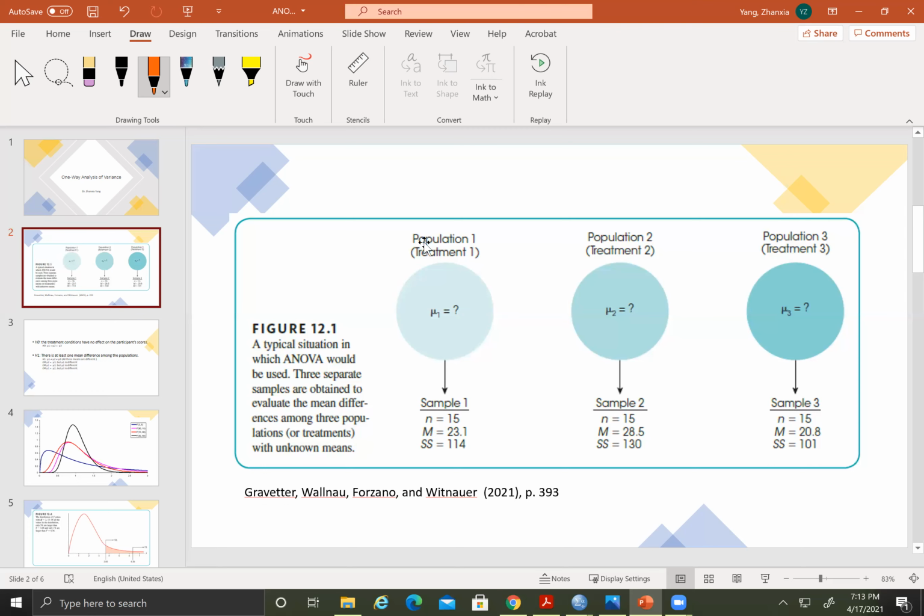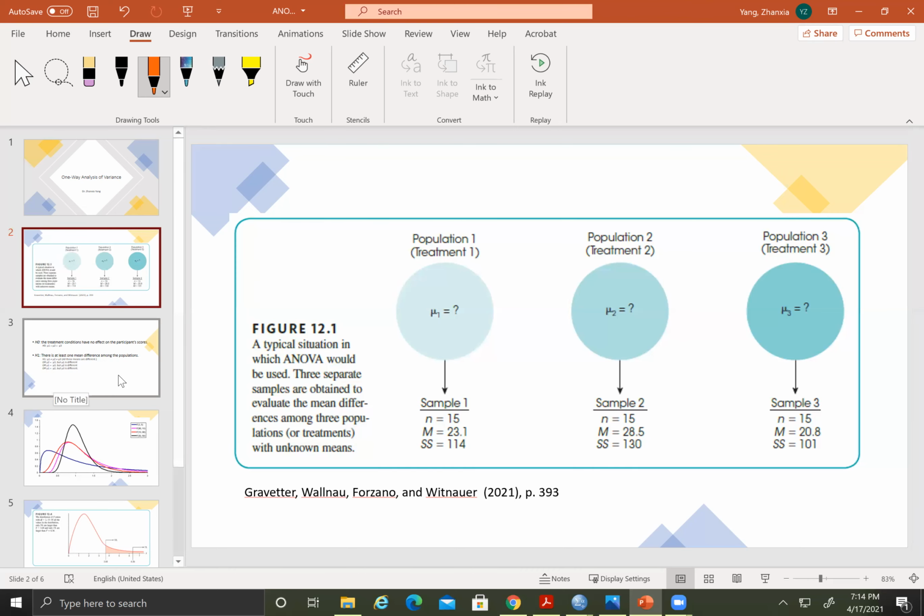Probability is for the population, for the ones we do not have data for. So the null hypothesis and the alternative hypothesis are in terms of the population. This is important for you to know. And statistical testing is for generalization.